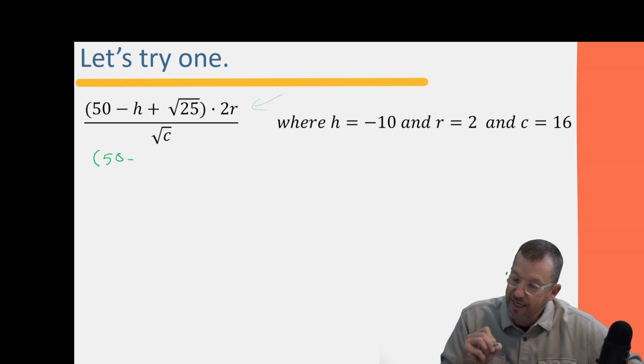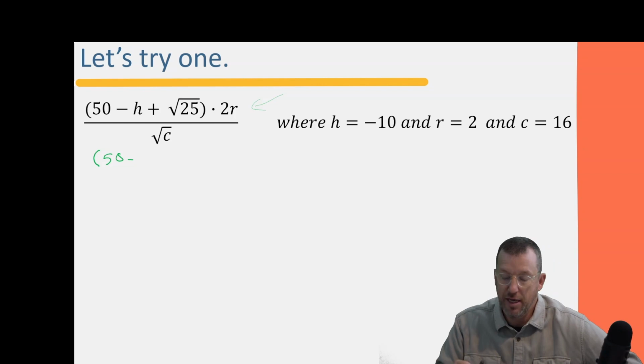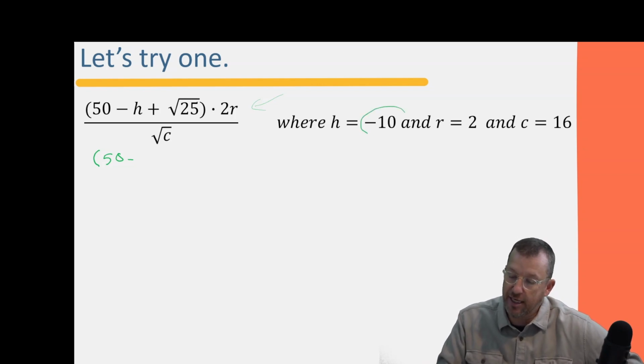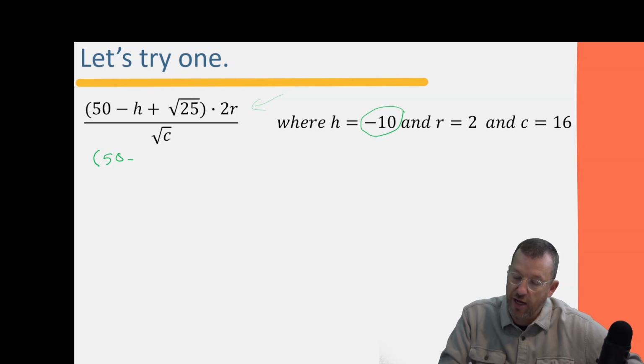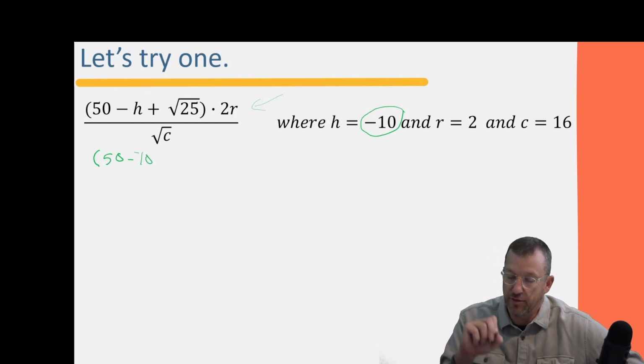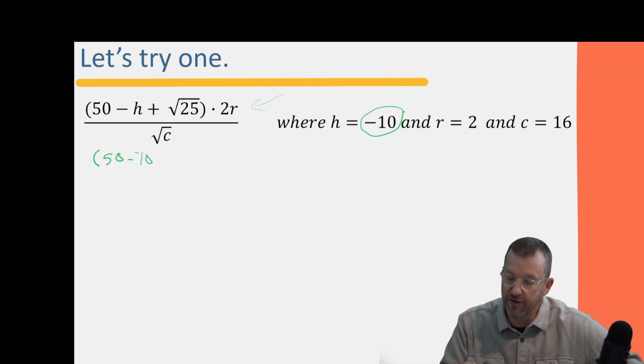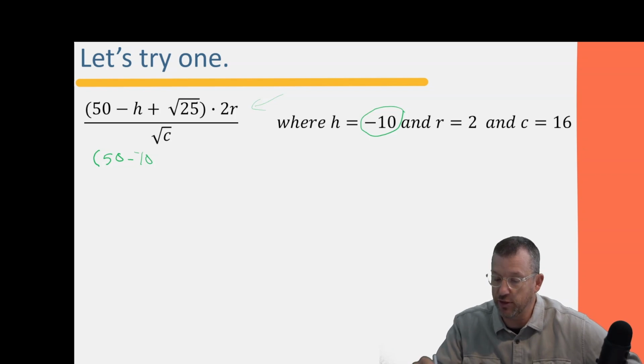50 minus h, and h equals a negative 10. So this is where you got to be real careful. It has a negative sign or a minus sign already there, and it's telling us that h equals negative 10. So you have to put another negative sign in because that's what h equals. H equals negative 10. So the value of whatever this new h is going to be subtracted. All right, so 50 minus the value of h, which was negative 10.